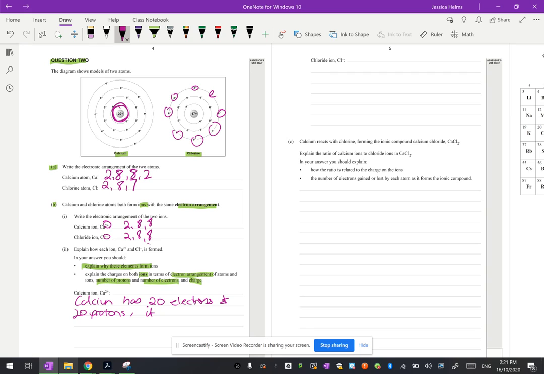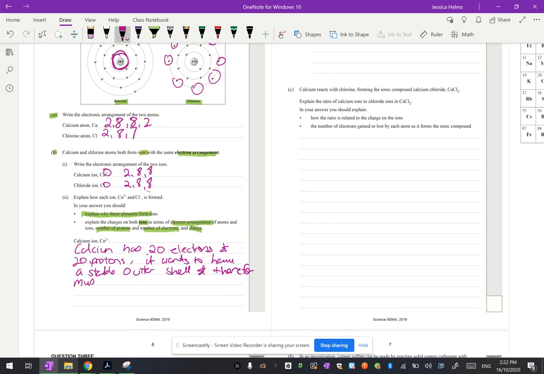Okay, so it wants to have a stable outer shell, and therefore must lose the 2 electrons in its outer shell to become Ca2 plus.